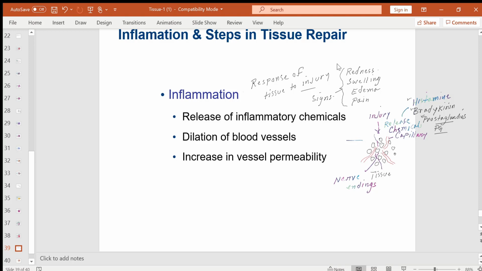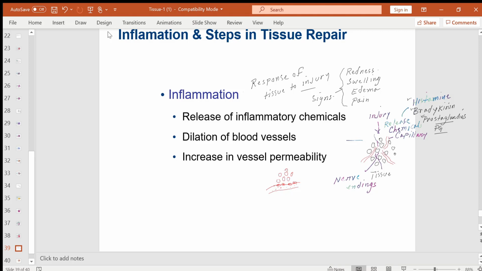And these chemicals make some changes in the wall of the capillaries. What happens when the chemicals are released in the wall of the capillary? You have tiny pores, through which nutrients and other chemicals from the blood enter into the tissue. So this is the tissue outside of the capillary, right? There are small pores in the wall of the capillary. However, these chemicals open the pores more. So the pores in the capillary wall get bigger, okay?